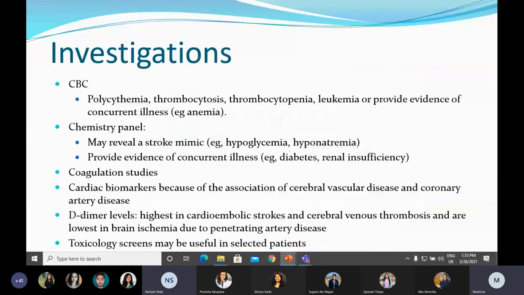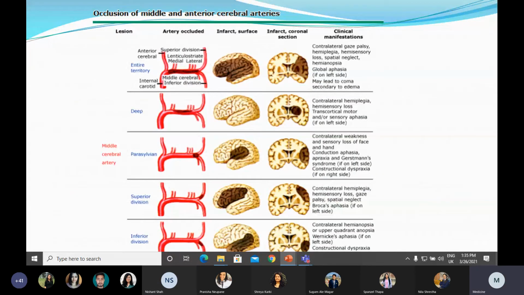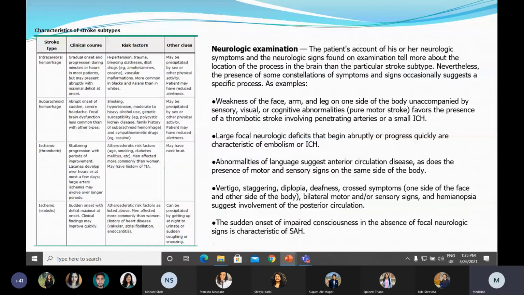As I told you, there are a few things with the neurological examination also we can differentiate whether this is because of intracranial hemorrhage or because of edema or because of an ischemic stroke.